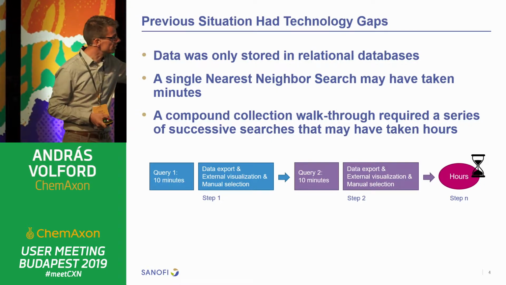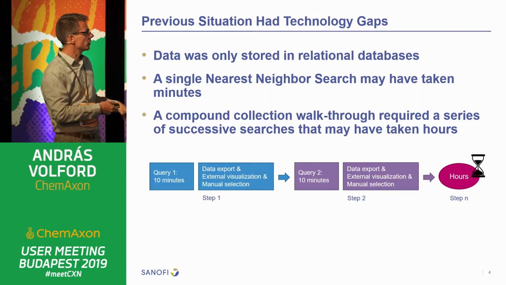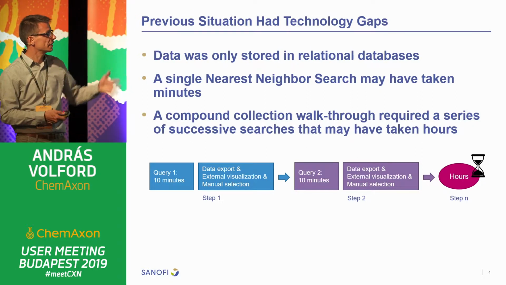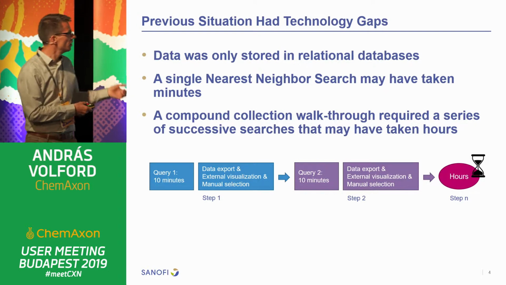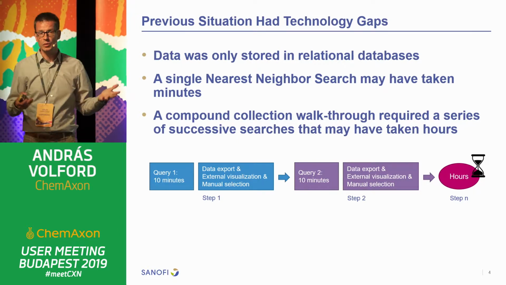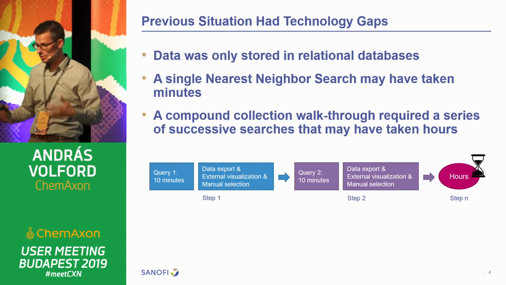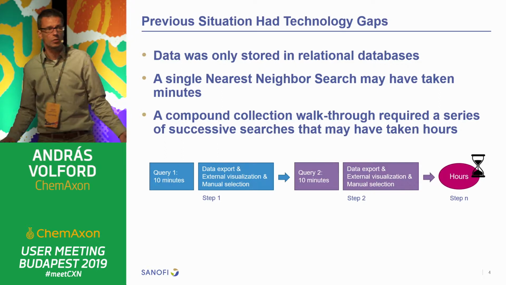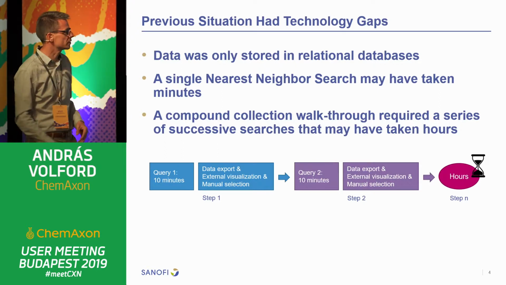If you want to do that interactively and repetitively, walking through this chemical space, that could take a lot of time. One search took a few minutes, but if you repeat it because you are moving from one structure to the next, then it's just slow. You have to wait 1 minute or a few minutes.